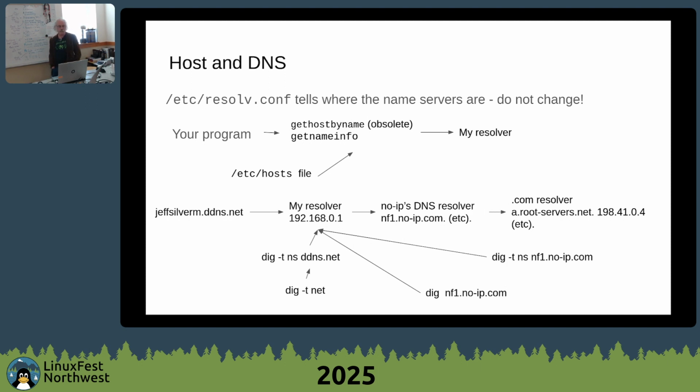And so it will tell it that the name server is nf1.no-ip.com, and it will give it its IPv4 address. And eventually, the resolver will ask no-IP's name server who is jeffsilverm.ddns.net. It will return the current address, and then it will know to go to my particular machine.